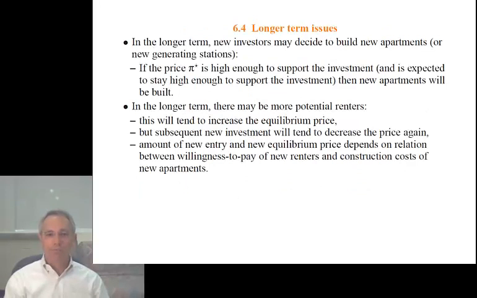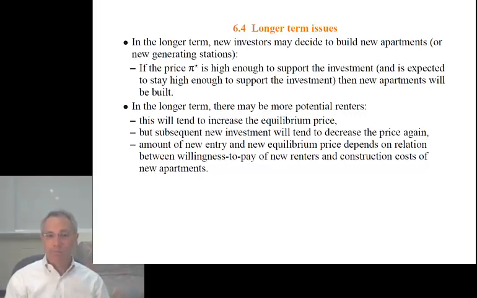How about some longer-term issues? In the longer term, if the price was sufficiently high, then new investors might decide to build new apartments, or in the case of our electricity system, new generating stations. If the price pi star is high enough to support the investment, new apartments would be built. That's the supply side. How about on the demand side?